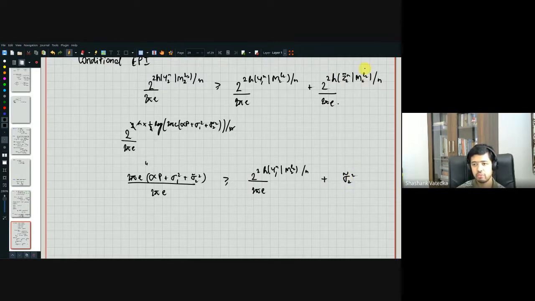So this is half log 2 pi e sigma 2 tilde square. Again, the n and the 2 and half cancel, and this turns out to be 2 pi e sigma 2 tilde square divided by 2 pi e.